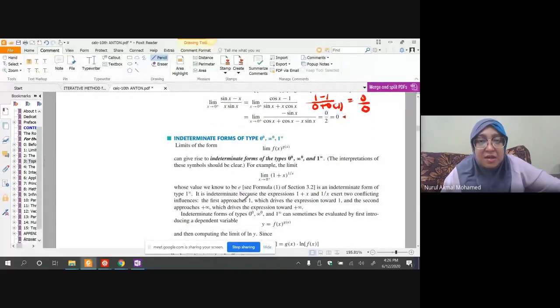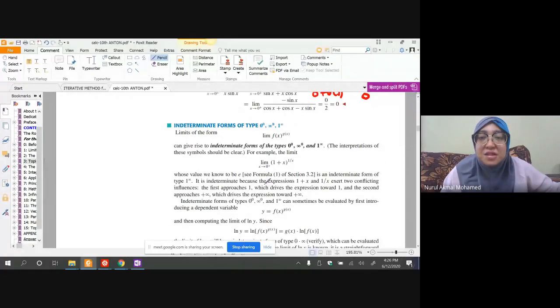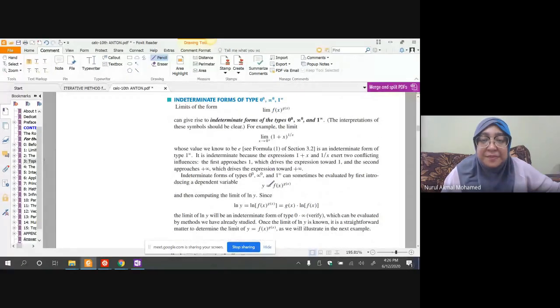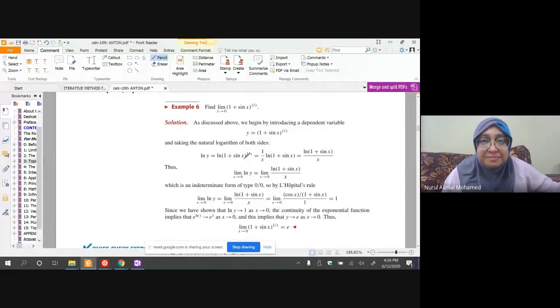Okay. Now, indeterminate forms of type 0 to the power of 0, infinity to the power of 0, and 1 to the power of infinity. What about this one? The limit of 1 plus sine x to the power of 1 over x, as x tends to 0.